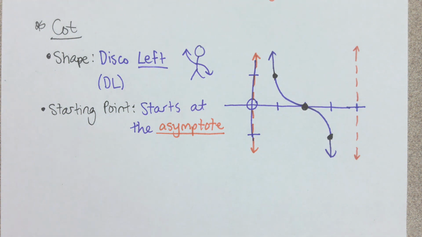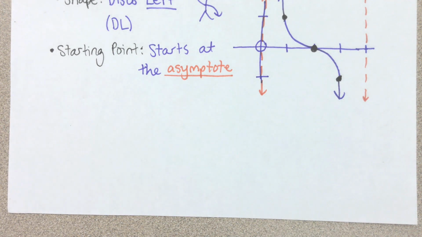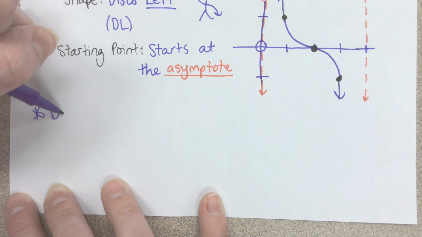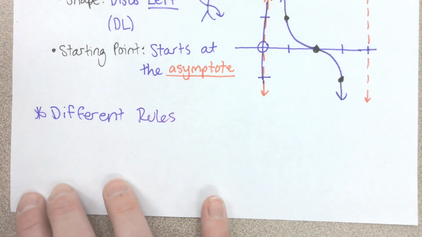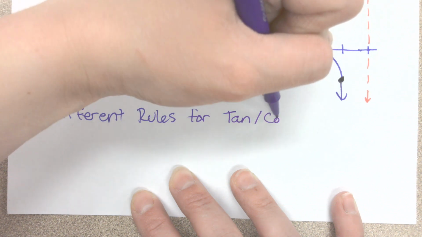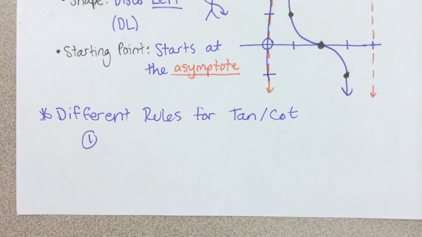So there's the basic outline of both graphs, what they're going to look like when we do a problem in a moment. Now there are two different rules. The graphing process is a little bit different from sine, cosine, cosecant, and secant. These are the two big ones. Now the first rule is what Devin just asked me about a moment ago.